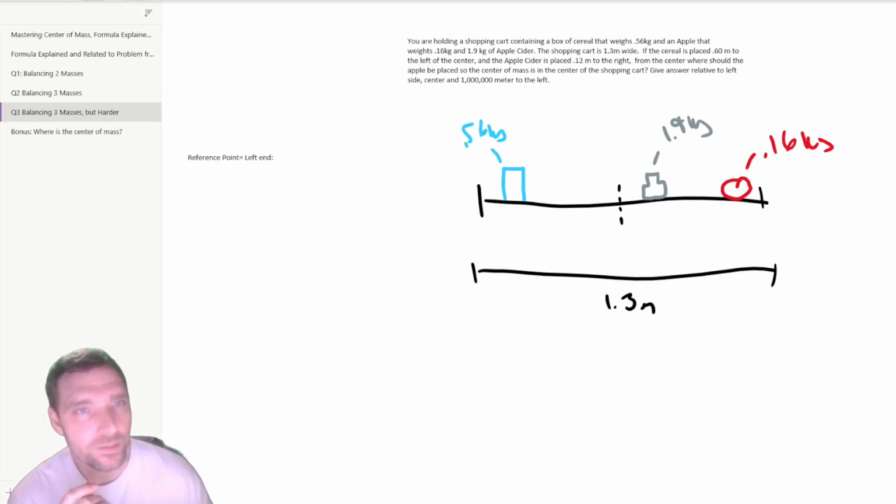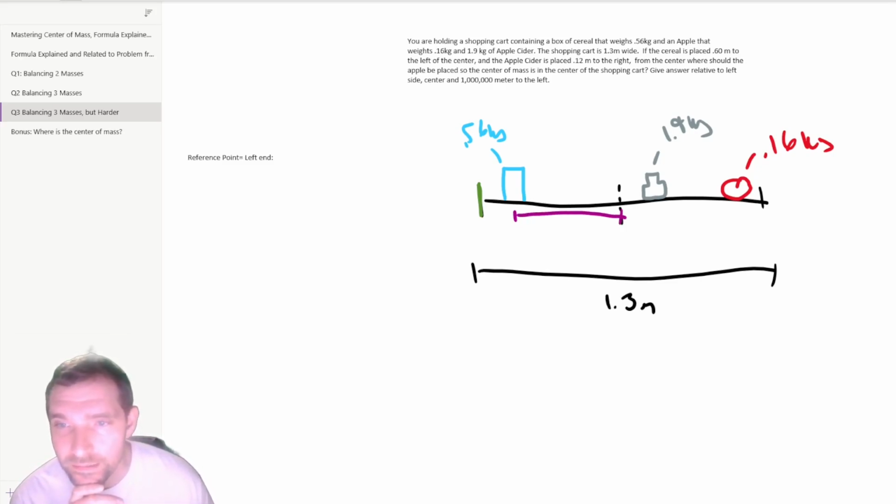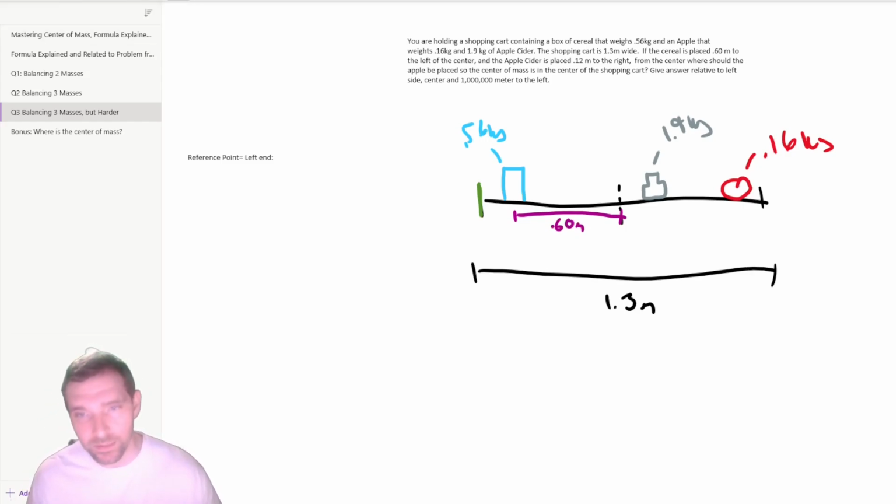And we're having this first problem start where we're looking at this from the left side of the shopping cart. So if we said that here to there from the center is 0.60 meters, then that means that our displacement is going to be half of 1.3 minus the 0.60.